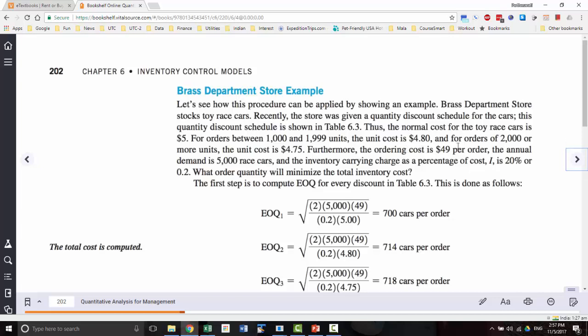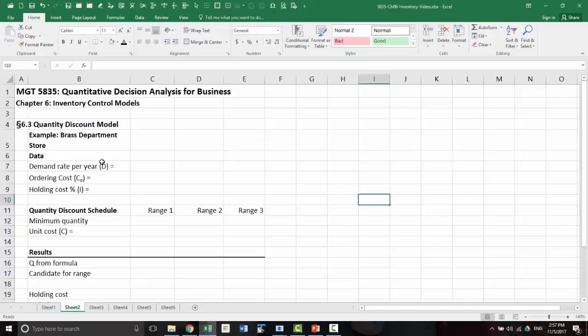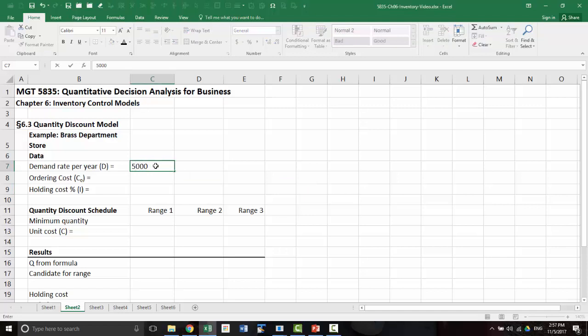The ordering cost is $49, annual demand is 5000, and the inventory carrying cost is given as a percentage, 20%. Let's assemble all that in Excel. The annual demand rate is 5000, ordering cost is $49, and holding cost is 20%.